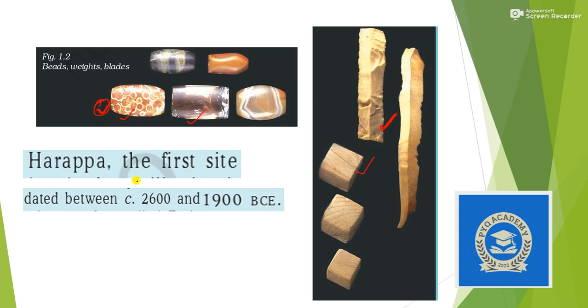One important thing is that the Indus Valley civilization is dated between 2600 BCE to 1900 BCE. You should remember this, as this fact can be asked in any kind of statements.